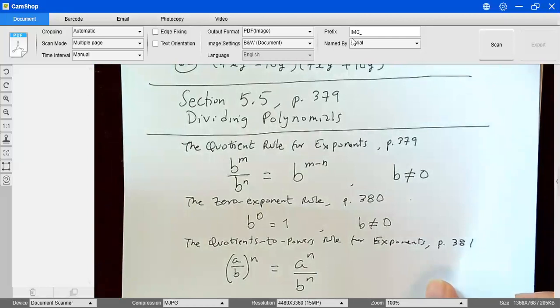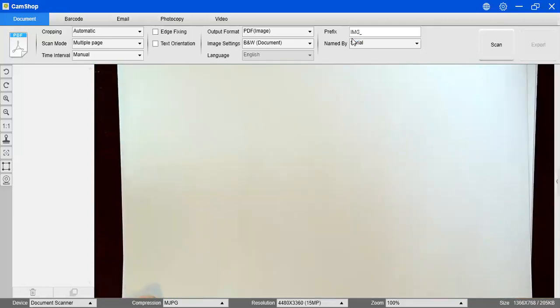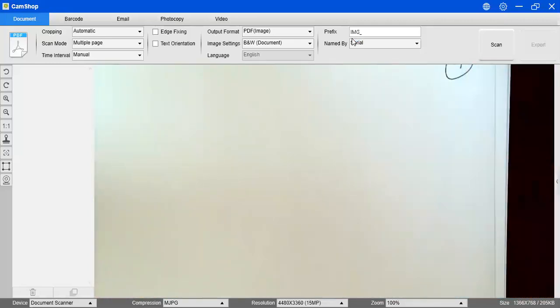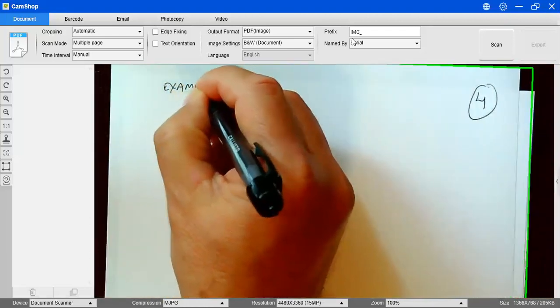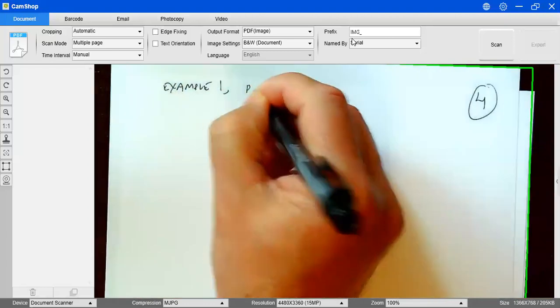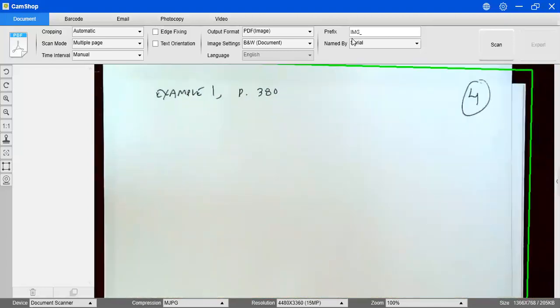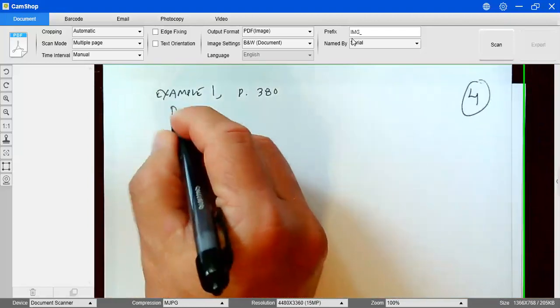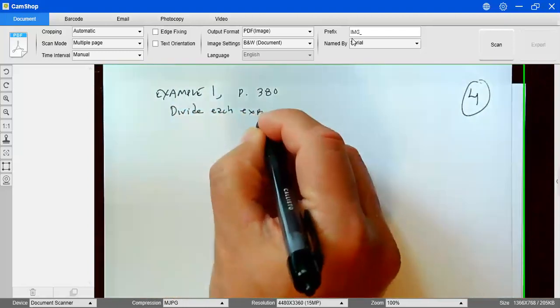So I'm going to start with example 1 from page 380. So let me write this down for you, for your notes. So I have example 1 on page 380. So I'm going to divide each expression.